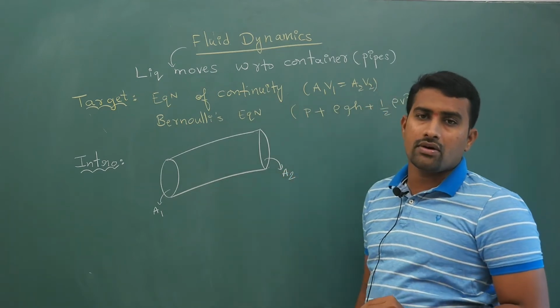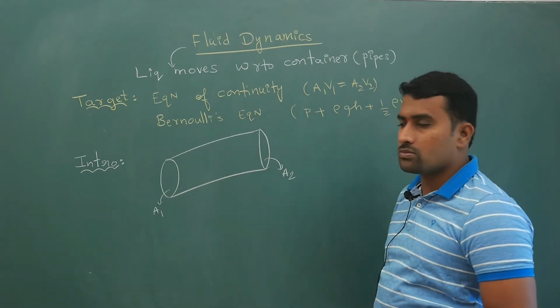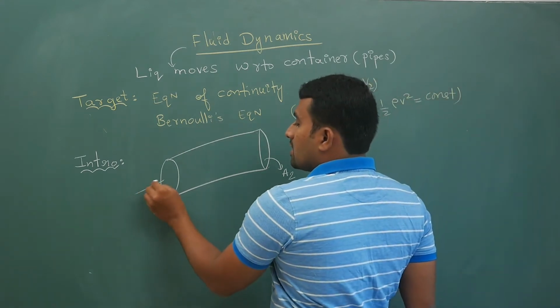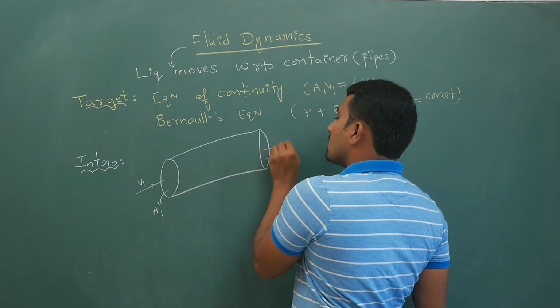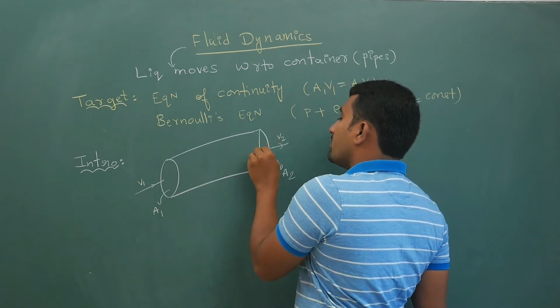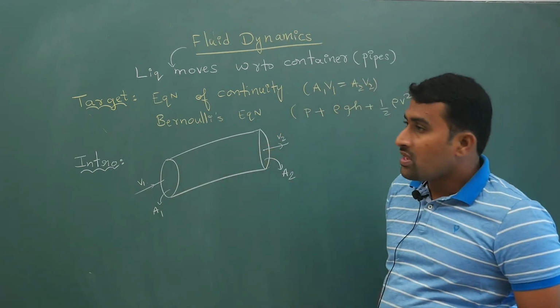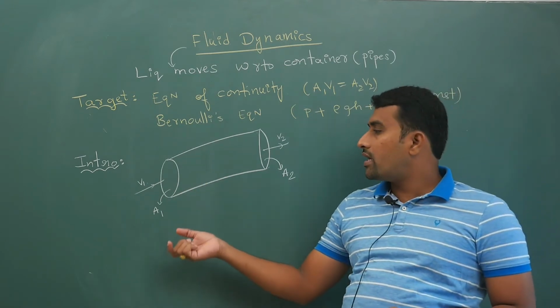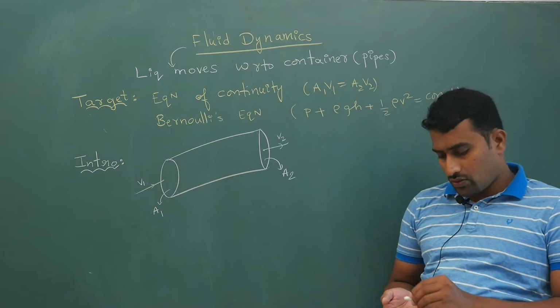The fluid is moving inside this pipe. At this end let us say the velocity is V1, and at this end the velocity is V2.